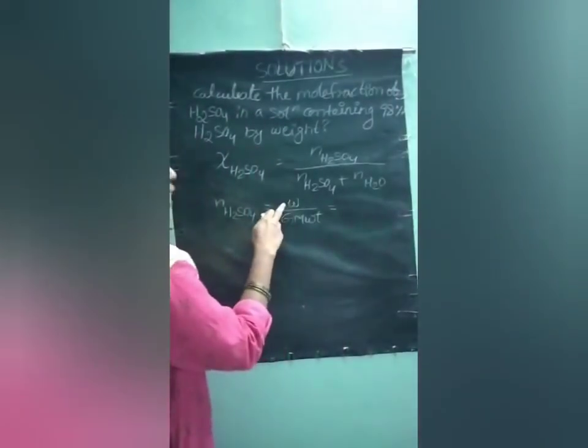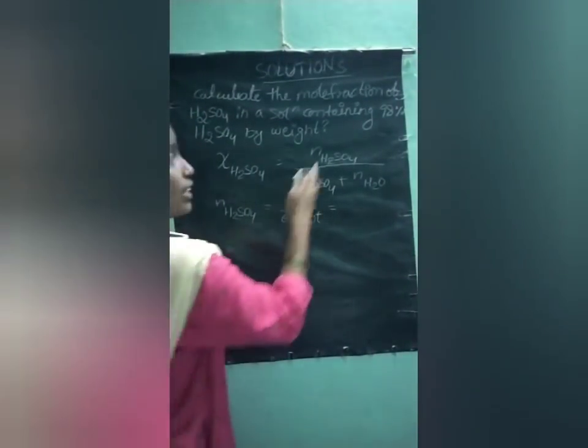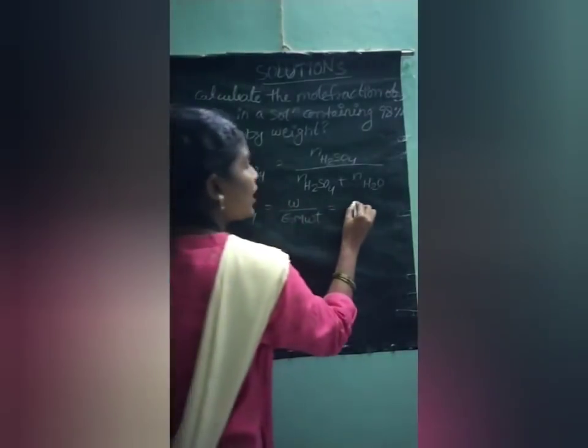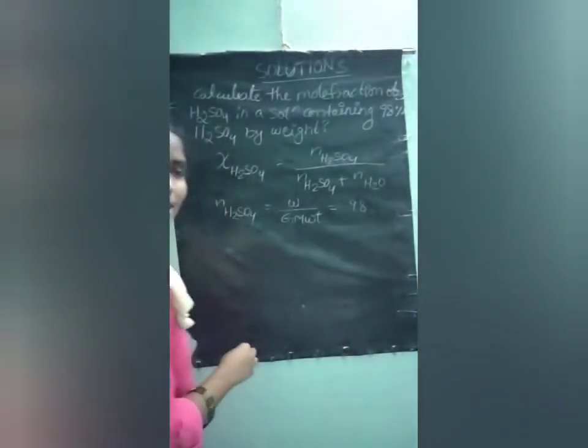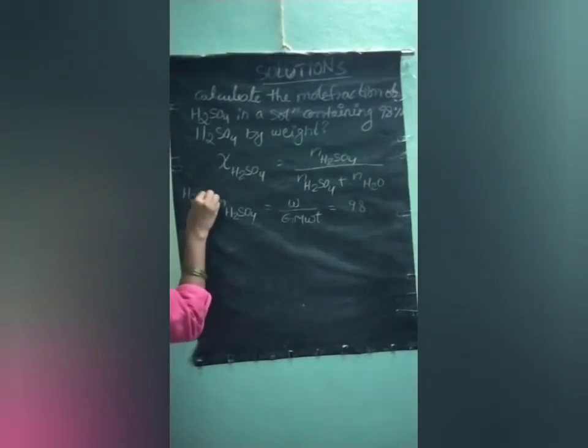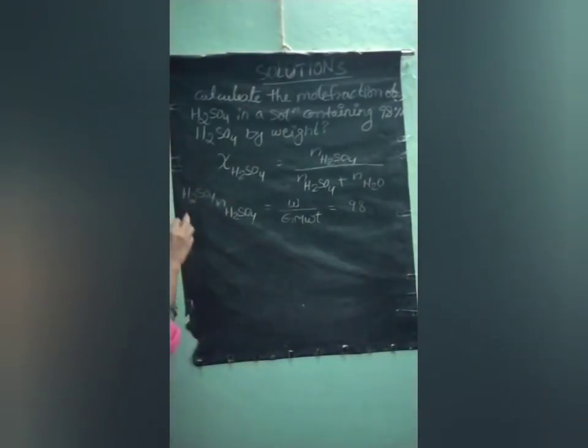Here the weight of the sulfuric acid we know, that is 98 grams. And what about the gram molecular weight of sulfuric acid? We already do the molecular weight of sulfuric acid.